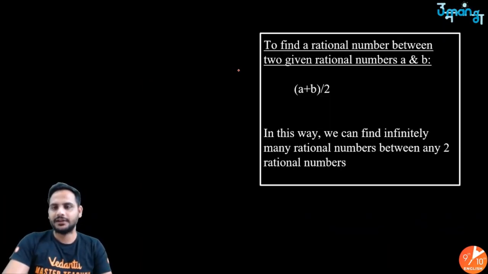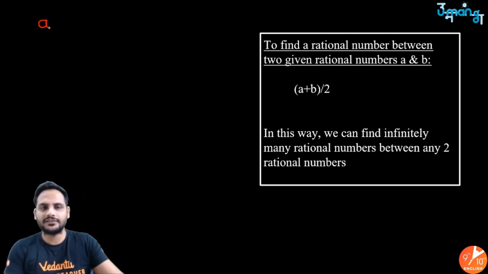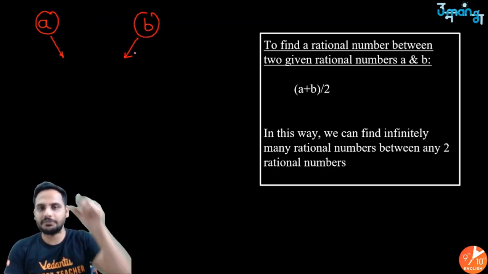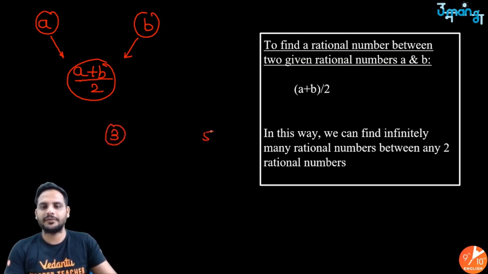Got it? Okay, now there's a method: suppose I give you two numbers, A and B, and I ask what number lies exactly in the middle between them. In the middle you will get A plus B divided by 2. If you don't agree, let us say one number is 3, the other number is 5.